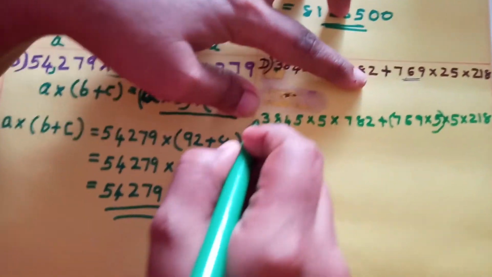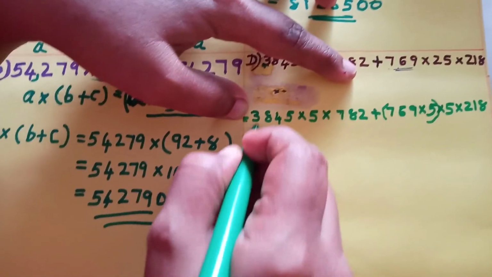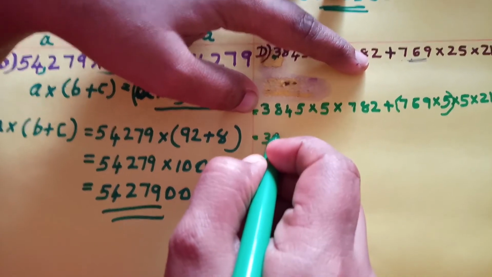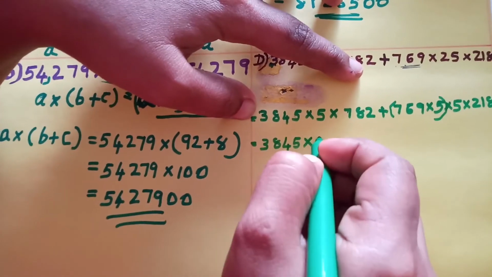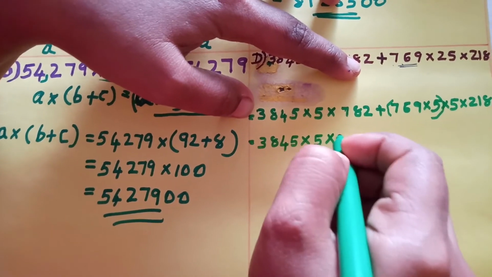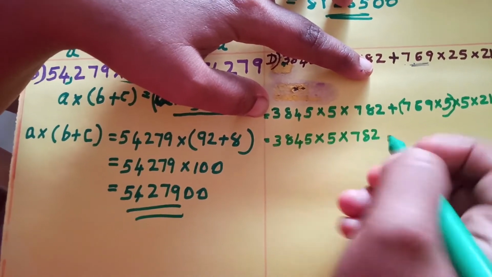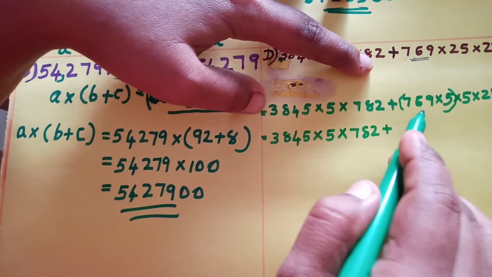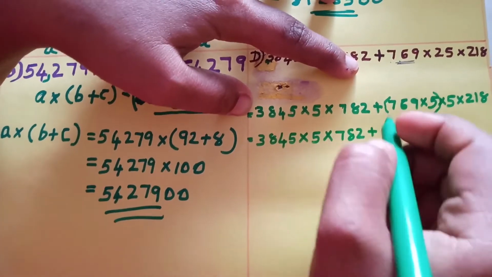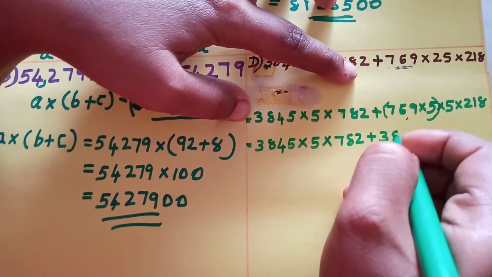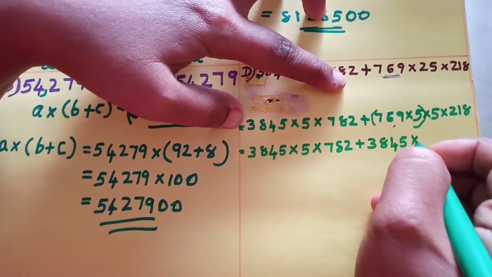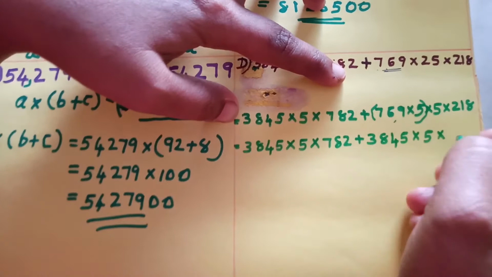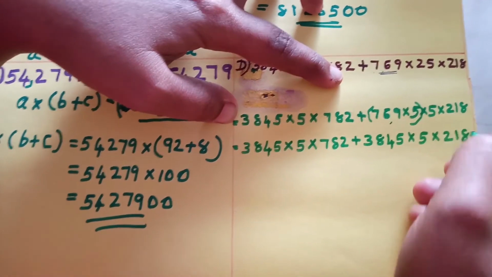I am rewriting this problem like this: 3,845 into 5 into 782 plus, after multiplying this we will get the answer as 3,845 into 5 into 218.